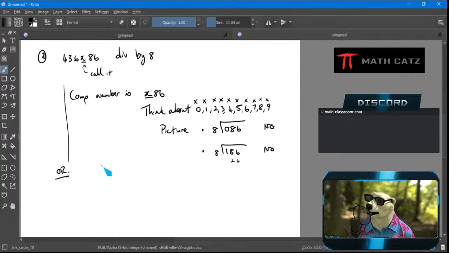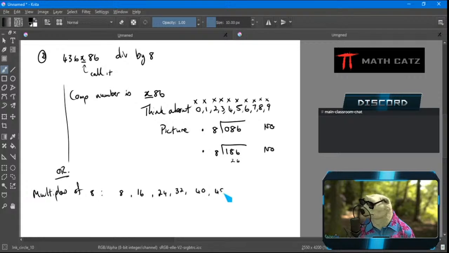Or we can look at multiples of 8. This doesn't always work, which is why I didn't want to do that from the start. Multiples of 8. I have 8, I have 16, I have 24, 32, 40, 48.